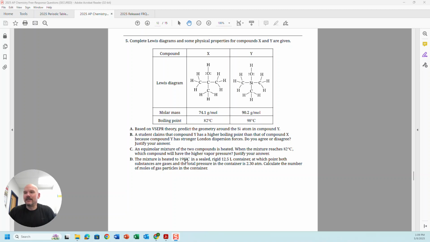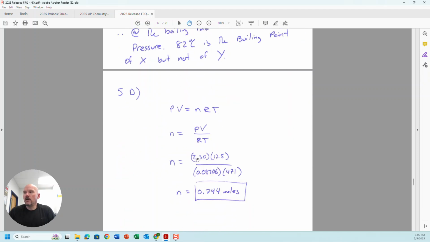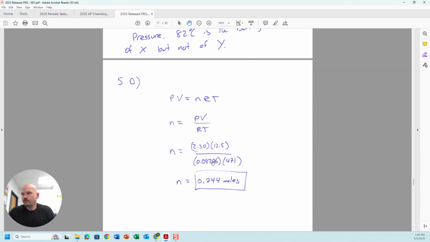The only thing you need to really remember is you got to be in Kelvin, right? So you got to add 273 to this and then solve for moles in the ideal gas law. So we're doing PV equals nRT, so n equals PV over RT. Our pressure was 2.3 atmospheres. Our volume was 12.5 liters. The R value we use for atmospheres is 0.08206.